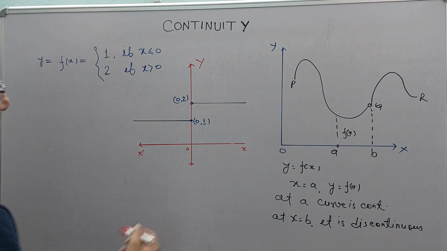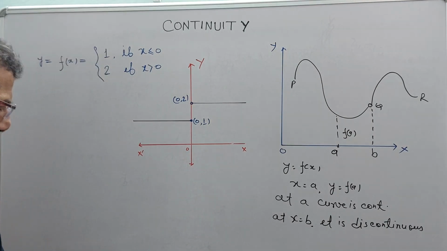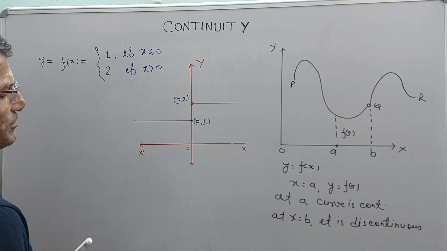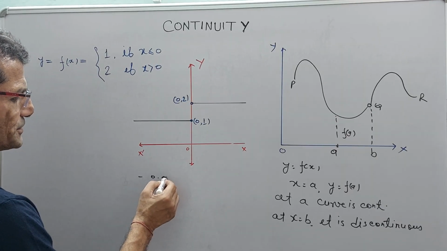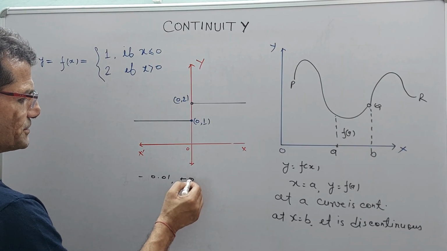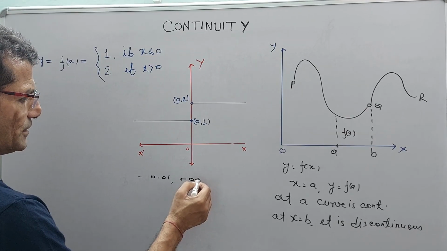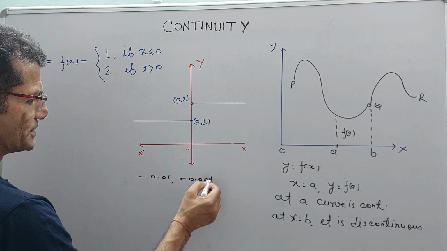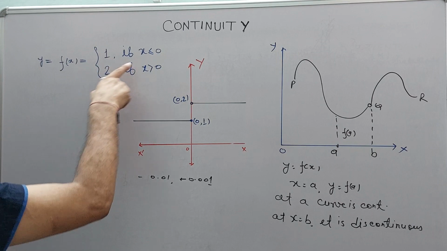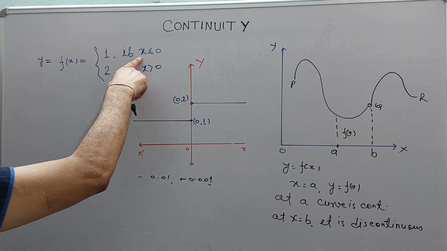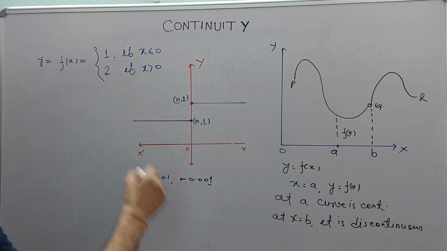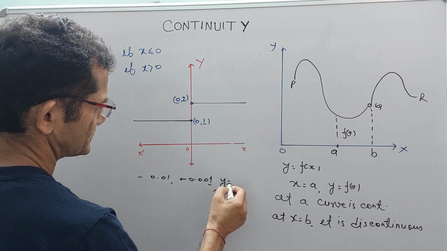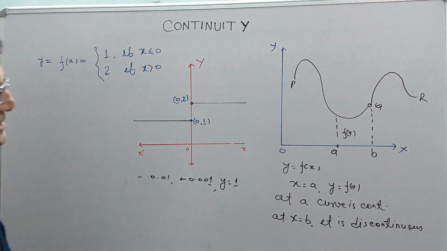If I take a nearby point of 0 from the left hand side, like minus 0.01, minus 0.001, the corresponding value of y, when x is less than 0, will be approximately 1.